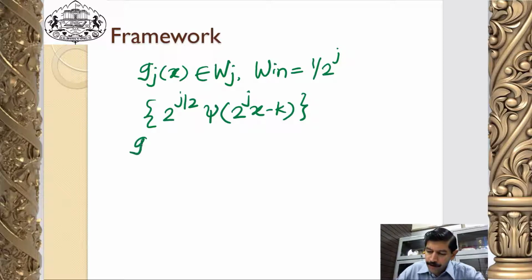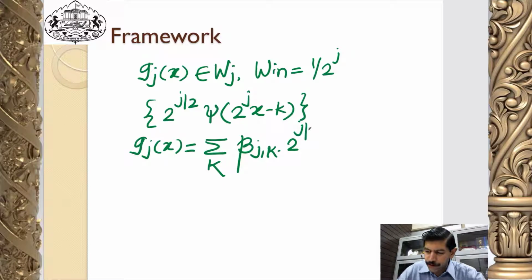And now this gz of x can be written as summation over all the k values of beta z of k into 2 to the power z by 2 psi of 2 to the power z x minus k.